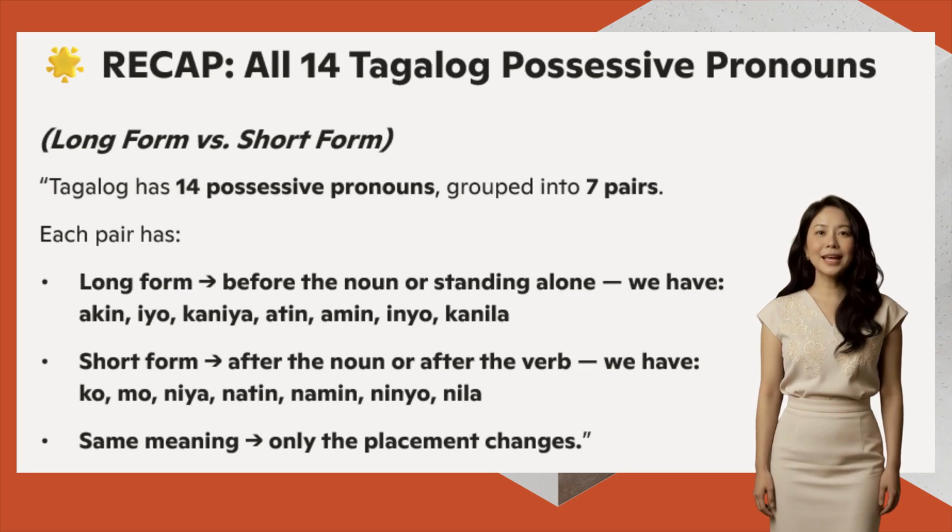The meaning never changes, only the placement changes. So remember, long form, before the noun or standing alone, short form, after the noun or verb. That's our full set of 14 possessive pronouns grouped into 7 pairs.